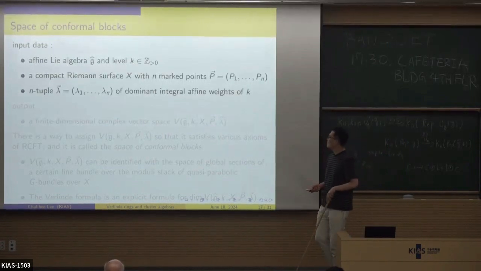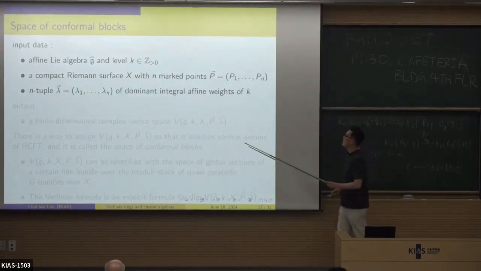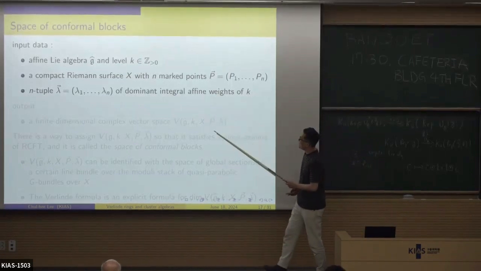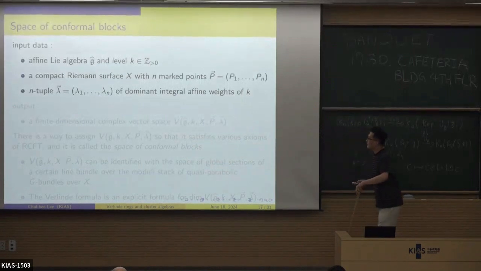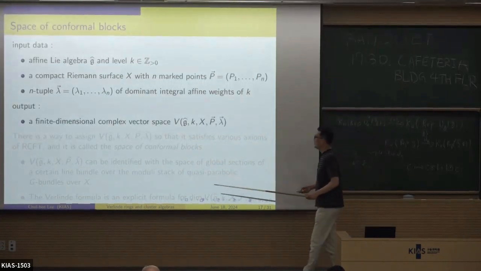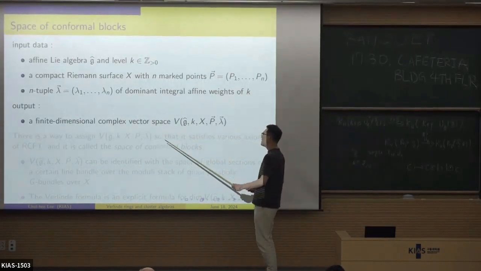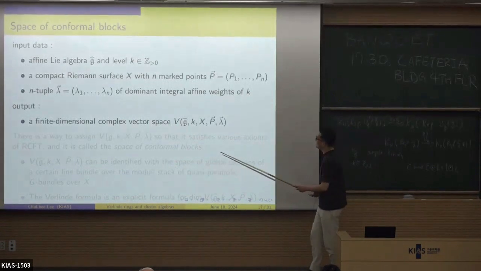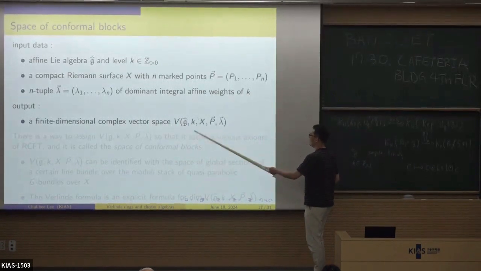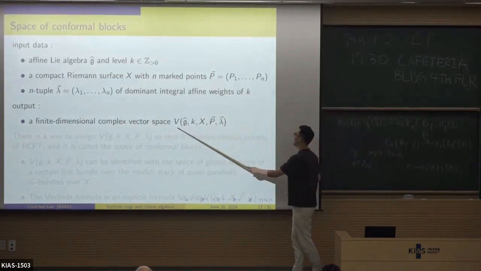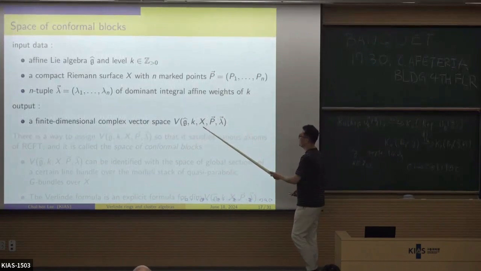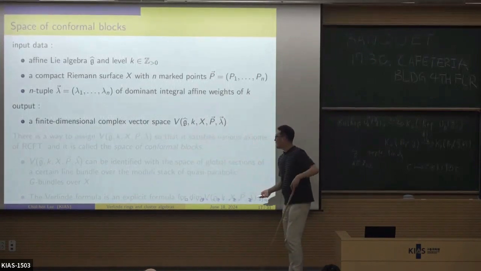To each point, we assign dominant integral affine weights of level k. And what we want is to assign a certain finite-dimensional vector space denoted by V, G hat, k, X, P, lambda. So I put every choice here.